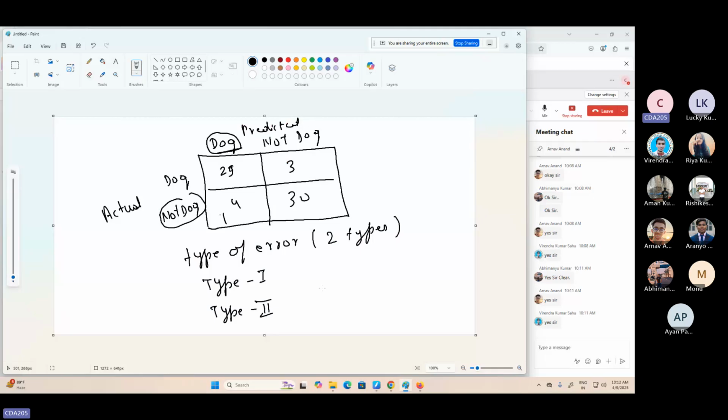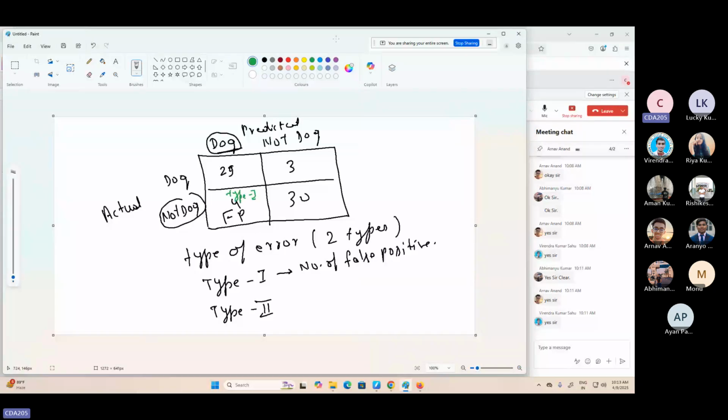So this is a false positive. So this is one type of error, the number of false positives. मतलब क्या, एक्चुअल में डॉग नहीं था, पर मॉडल जो उसको प्रेडिक्ट क्या कर रहा था, डॉग है. So this is a false positive type error. This is a type 1 error.